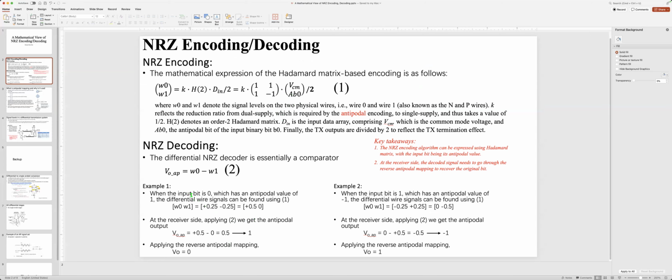For example, if the input bit is 0, which has an antipodal value of 1, then we put a 1 here, and we do the calculation, we will get a 1 divided by 2, divided by 2 again, and then we get a quarter volt via Y0, and another quarter volt via Y1. You might ask, how come it becomes only a quarter volt? Should it be a half volt at the output of Y0?